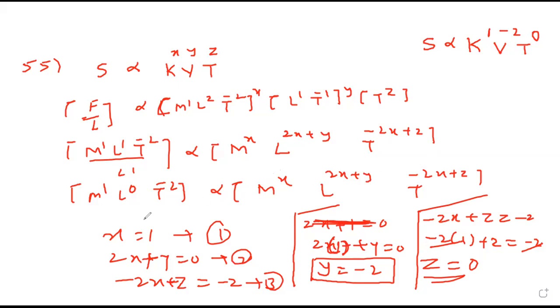X is 1, y equals minus 2 is also correct, and z is 0.